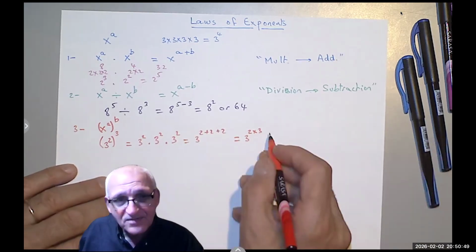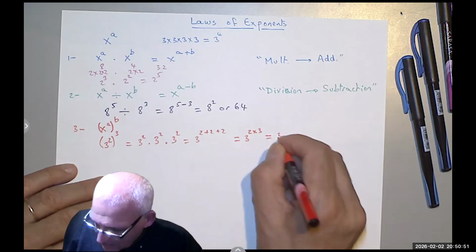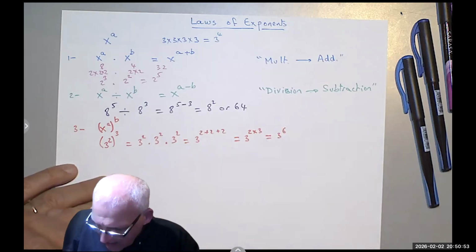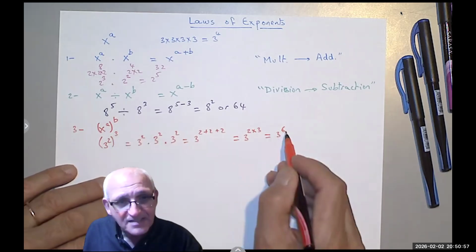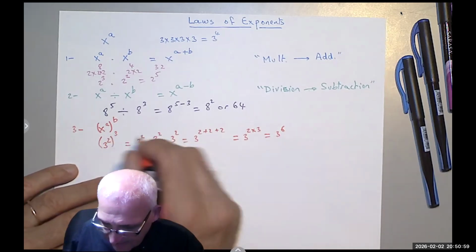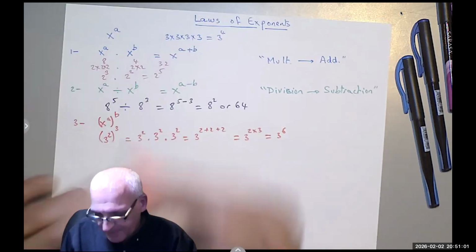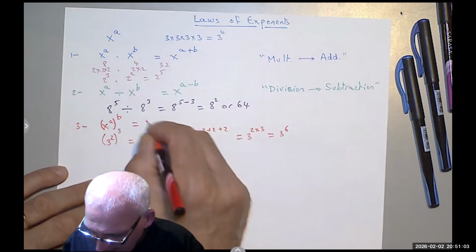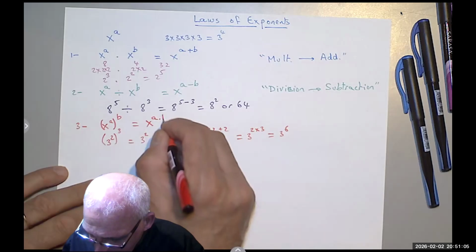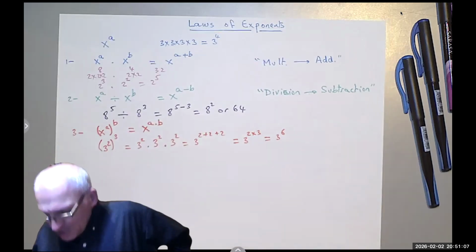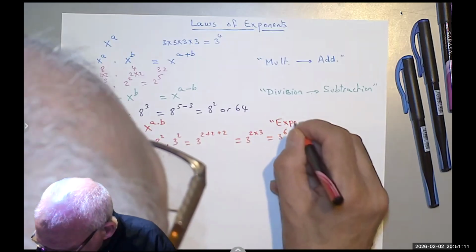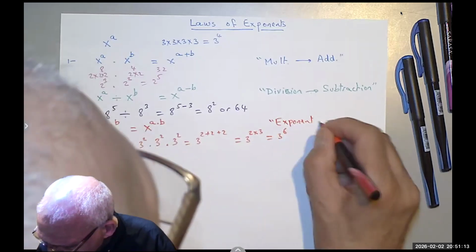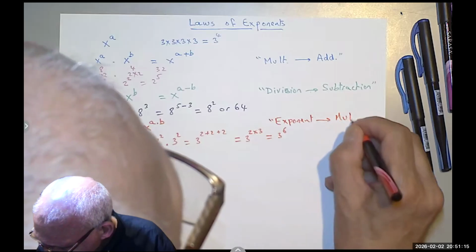We say 2 times 3, or 3 to the 6. So here I multiply 2 times 3 and I got 6. So x to the a, the whole thing to the b, equals x to the a times b. So here the exponent becomes multiplication, which is easier.